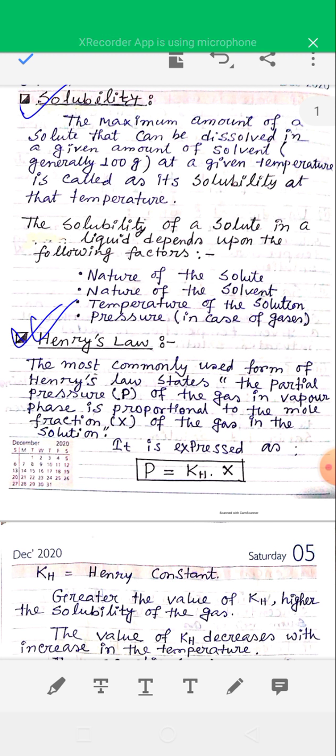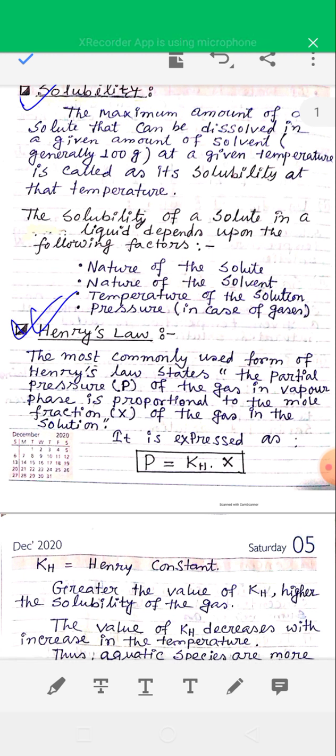So first you have to know what is solubility. Solubility is the maximum amount of a solute that can be dissolved in a given amount of solvent, generally in 100 gram of solvent at a given temperature.